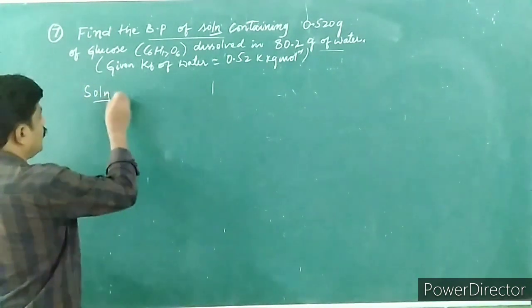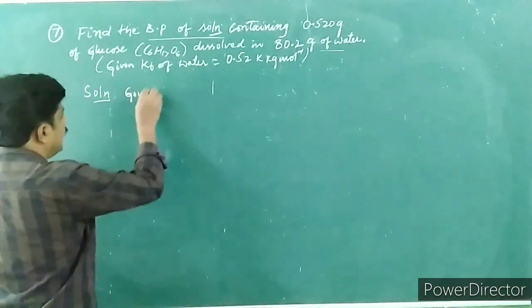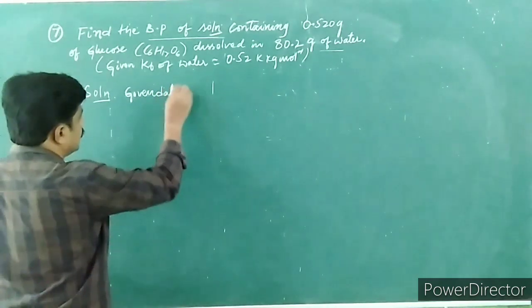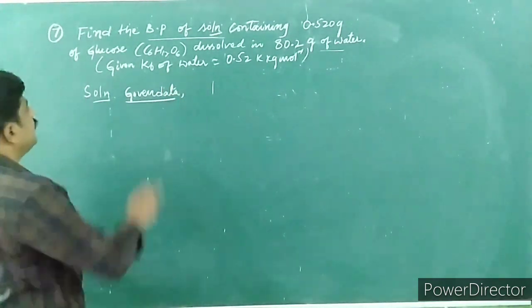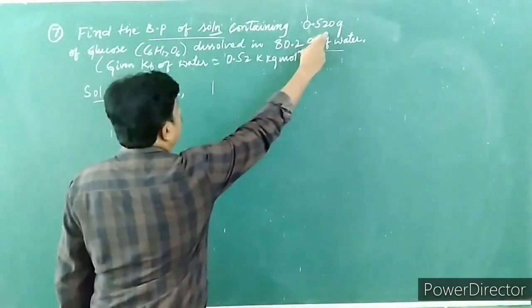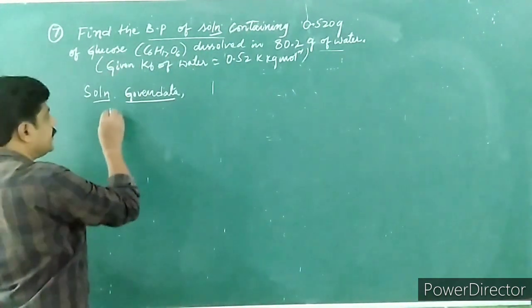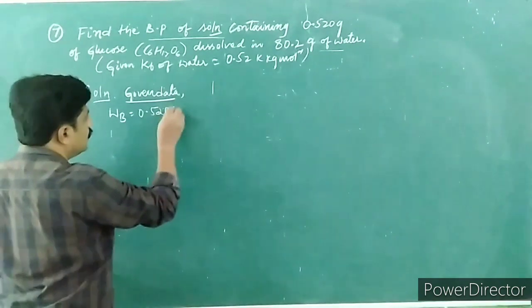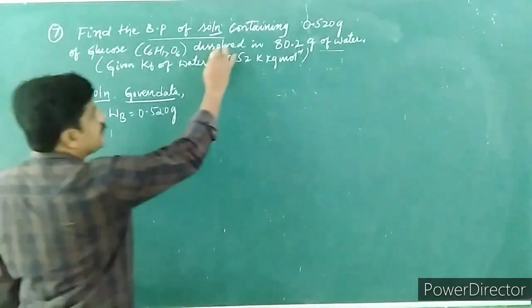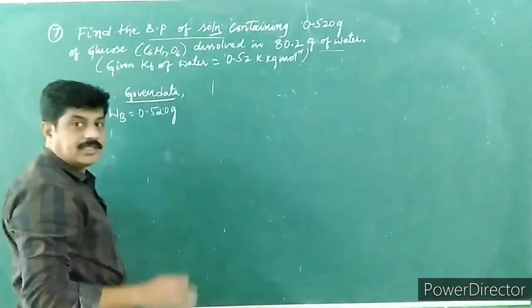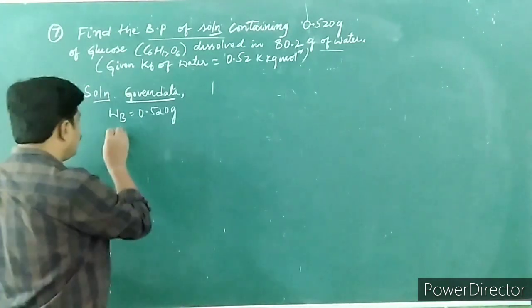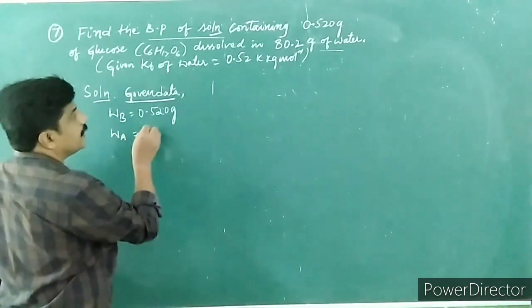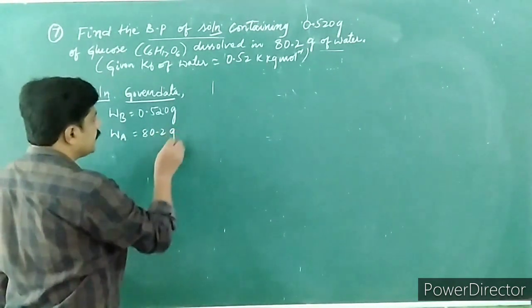Solution. Given data. Look at here. 0.520 gram of glucose, that is WB is given, WB is equal to 0.520 grams, dissolved in 80.2 grams of water. Water is what? Solvent. So I'll go for WA is equal to 80.2 grams.